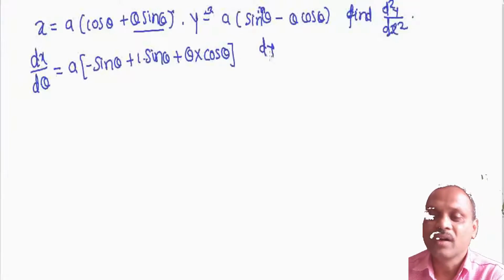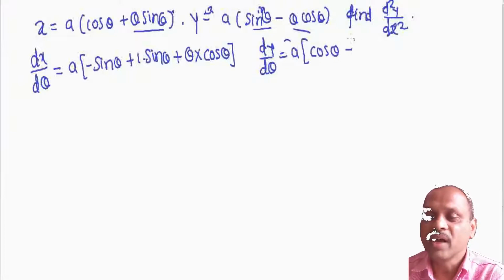And dy by d theta equal to a into the derivative of sin theta, which is cos theta, minus the derivative of theta, 1, into cos theta, minus theta into the derivative of cos theta, which gives minus sin theta.